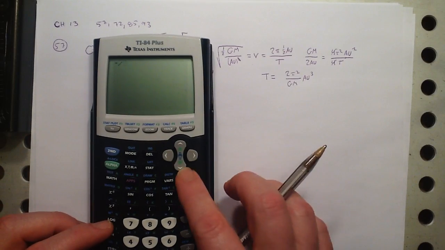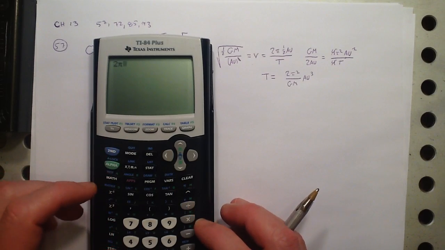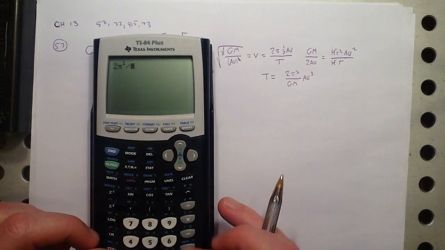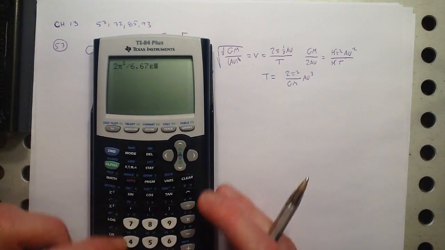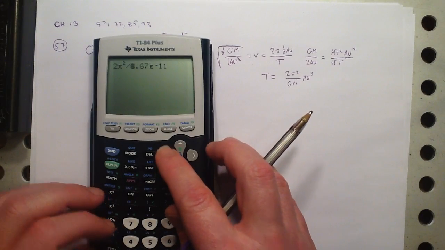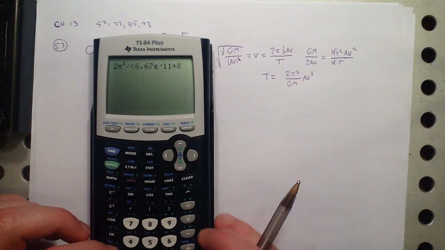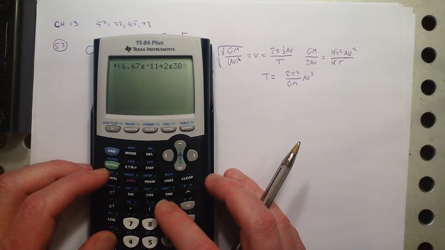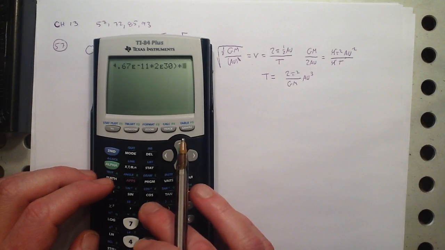Again, you could have done that with numbers along the way, but it's good practice to do that. So 2 pi squared over, I'm not sure that I have a G in here or not, so I'm going to go ahead and type it in, 6.67 times 10 to the negative 11th, and there's the mass of the Sun, which is about 2 times 10 to the 30th kilograms, times astronomical unit cubed.